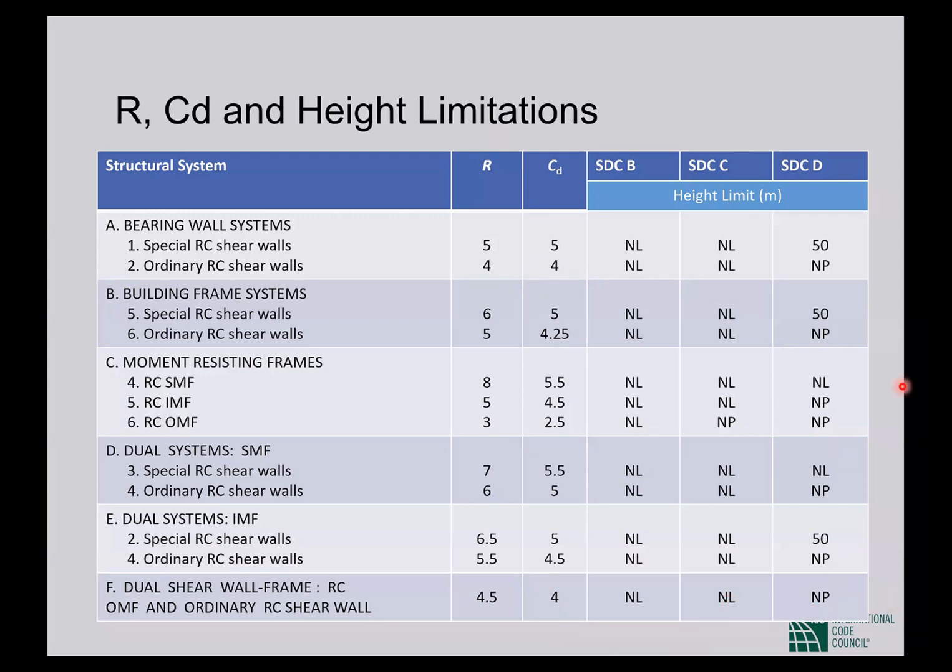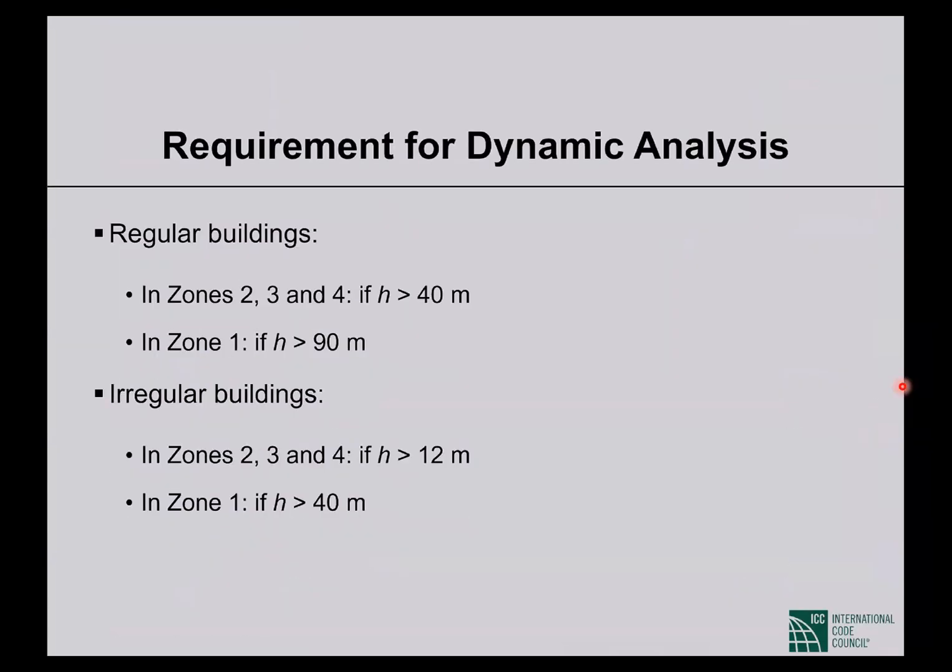Okay, so this is the big table. So one thing now you can appreciate is that design categories are related to building systems, structural systems, and their height limits, but there are many more that we'll see.